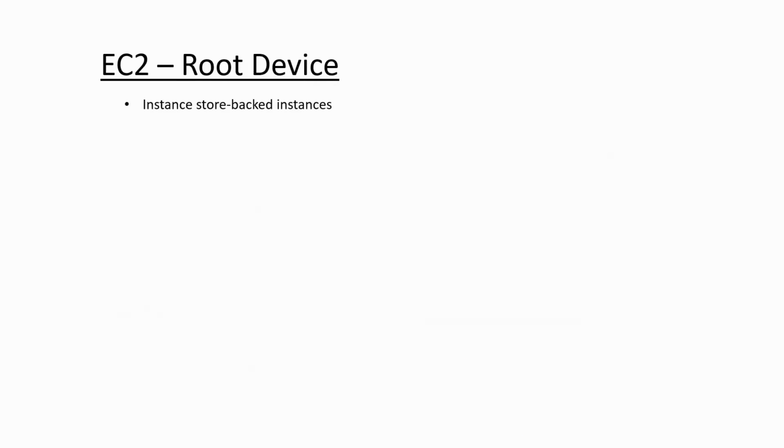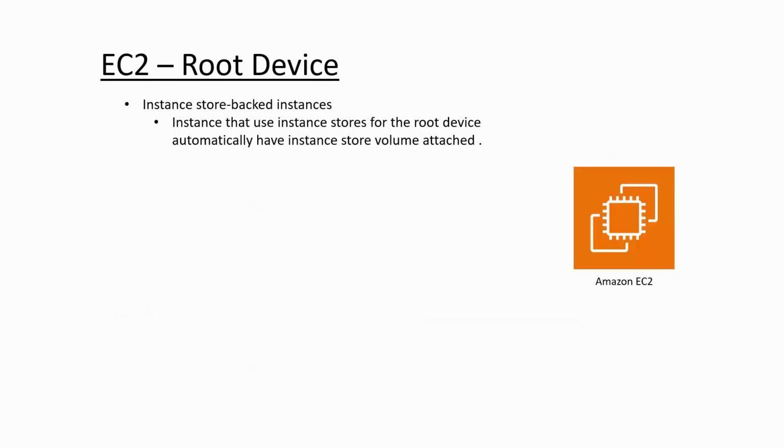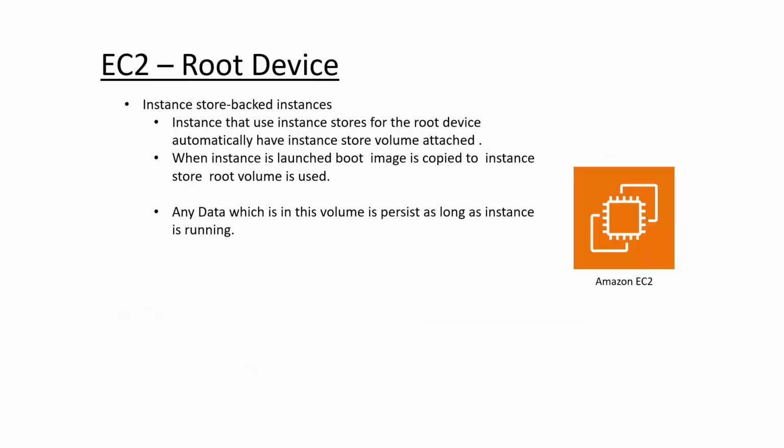EC2 root device, EC2 instance store backed instances, right? So basically instances that use instance stores for the root device automatically have an instance store volume attached. So I told you, right, the instance store volume is the volume which loses its data when we shut down the server. So that is the instance store backed device.